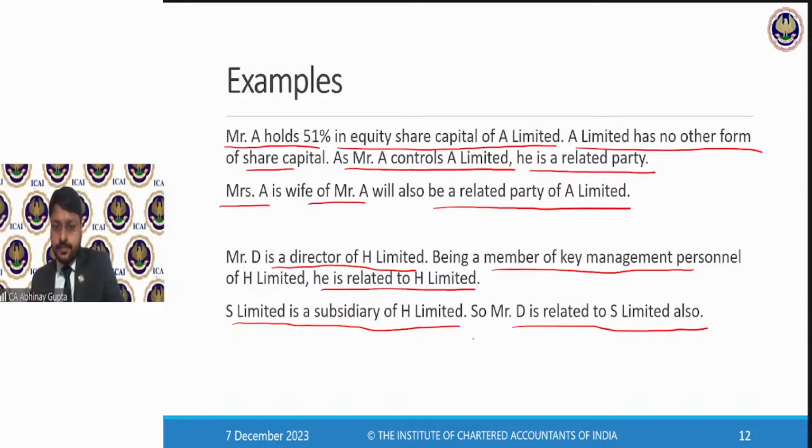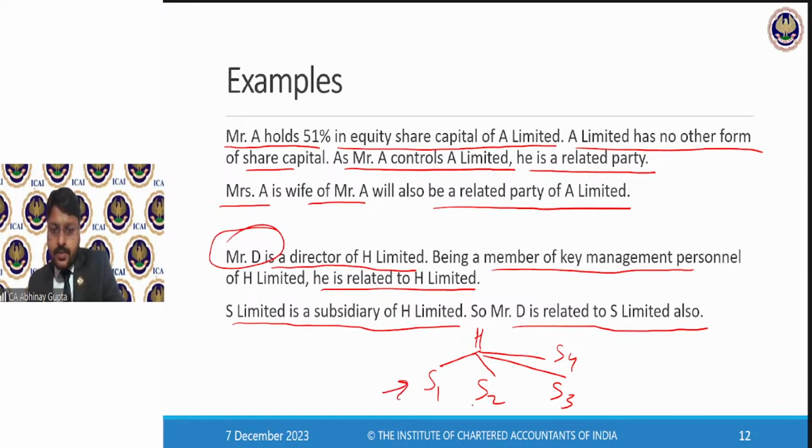So if H Limited has, suppose, multiple subsidiaries, S1, S2, S3 or S4, then Mr. D will be related party to S1 as well, S2 as well, S3 as well, and S4 as well, because he is a KMP of H Limited, right? So KMP of the holding company will be treated as a related party to all of its subsidiaries, right?